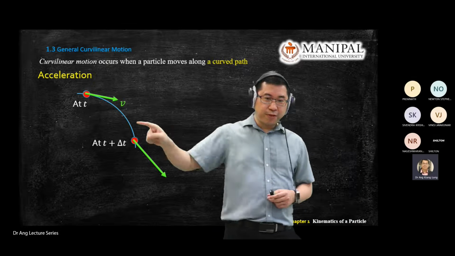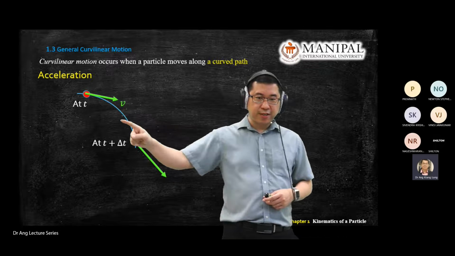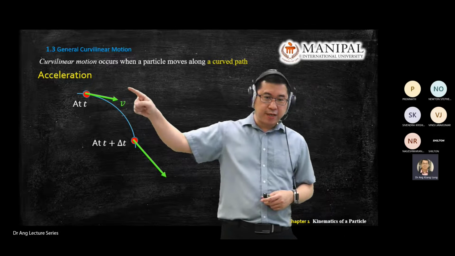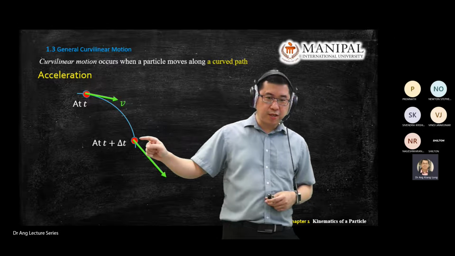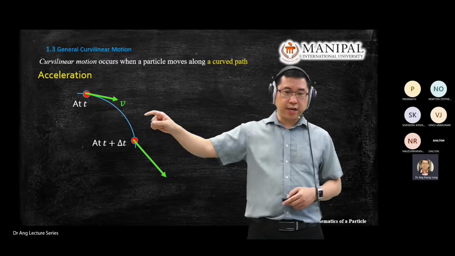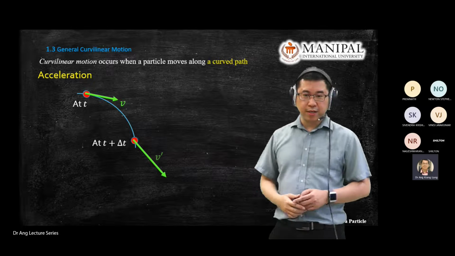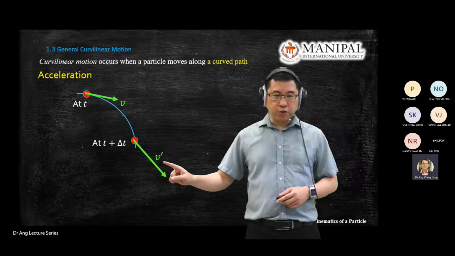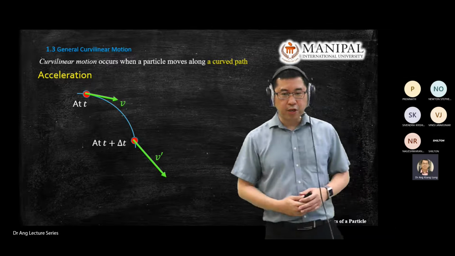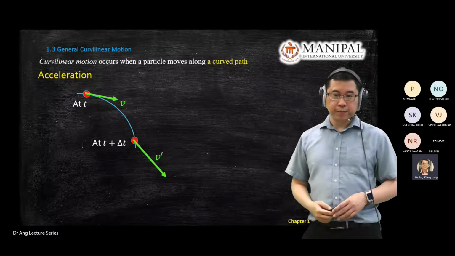So from this diagram, you know that this particle is accelerating, because from the vector length itself, you know that at this position the velocity is increasing. Once you have a change of velocity, you know that this particle is accelerating. In this case, we use v prime as the second velocity, or the new velocity at the new position.